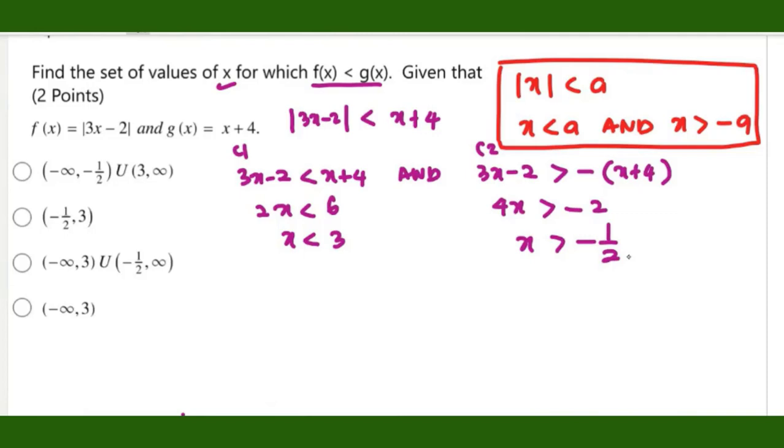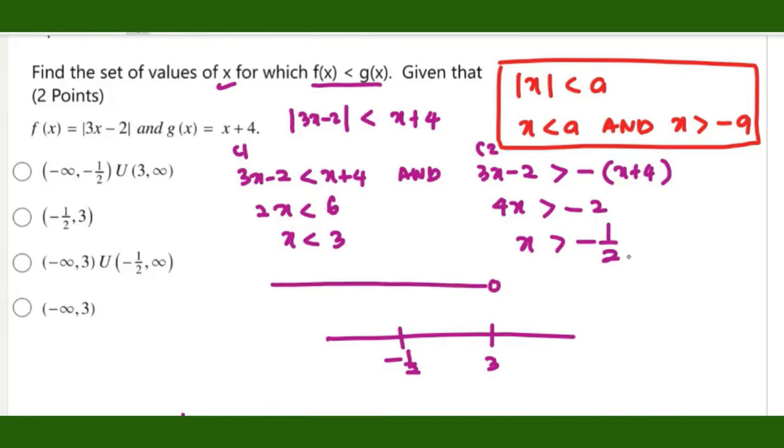Now, what must we do is we need to combine both case 1 and case 2. Negative 1 over 2 and 3. As for case 1, it should be less than 3. And as for case 2, it is greater than negative half. Referring to the original question, it is of less than.